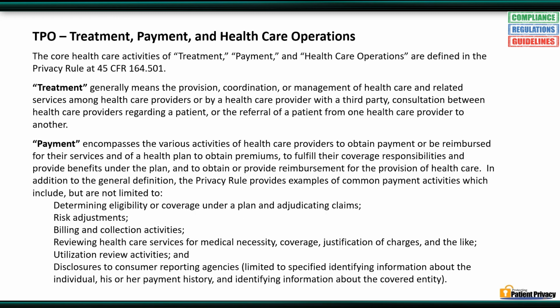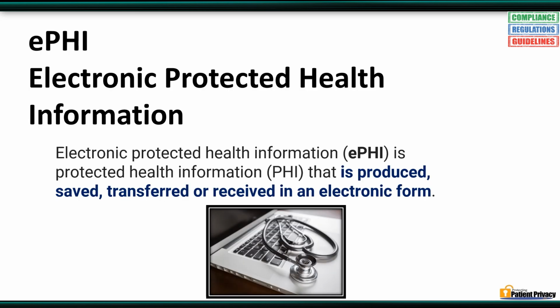So again, HIPAA is protecting TP&O, treatment, payment, and healthcare operations. So not just their medical information or medical condition, but also any payment information on that patient is considered part of the HIPAA protected information. As a business associate, many times you are only actually dealing with ePHI, or electronic protected health information.